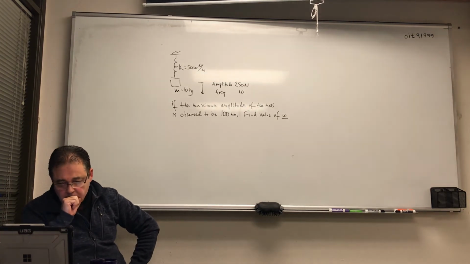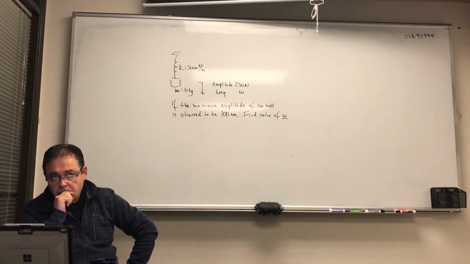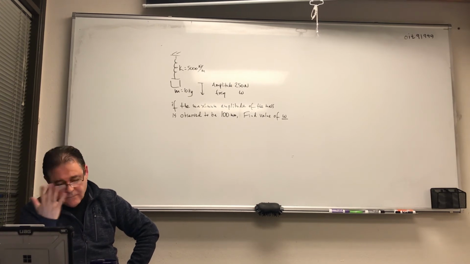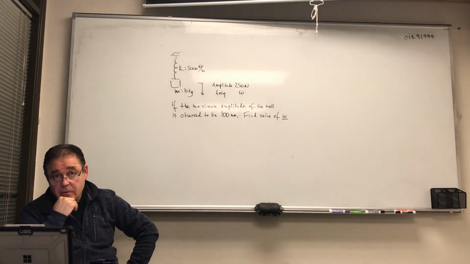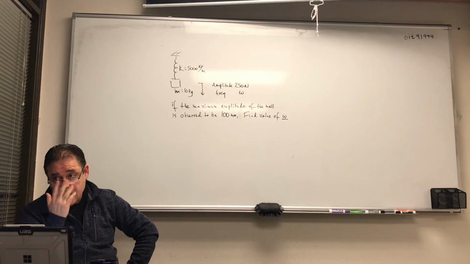First of all, should we write the equation of motion, or the equation of the system? Isn't this one where we plug in the value for X? So it's not necessary to do the equation of motion, we're just wasting time.